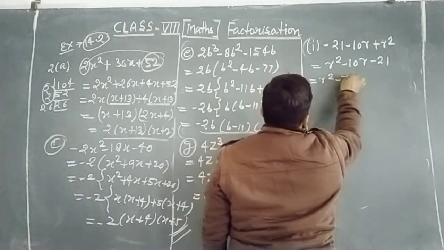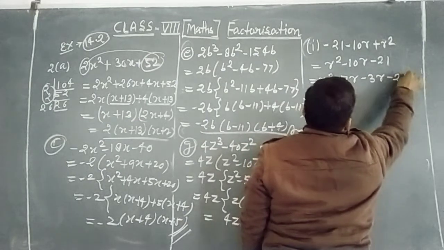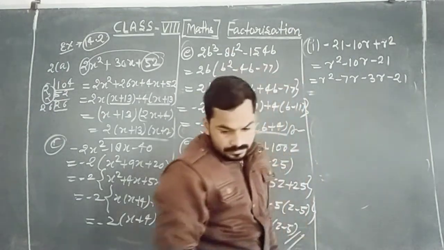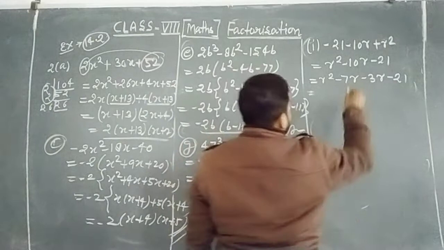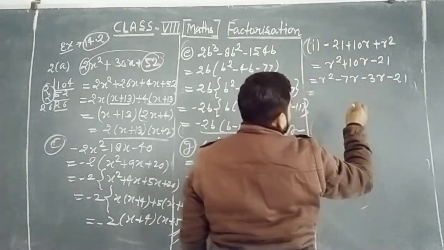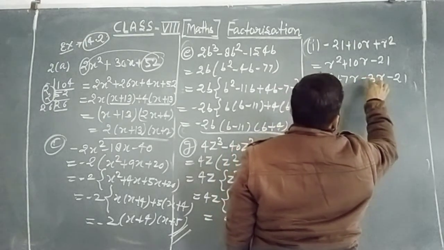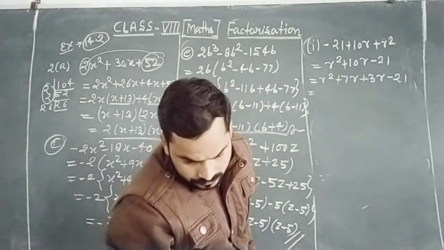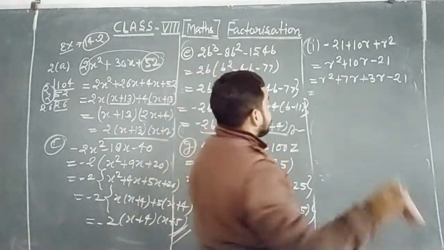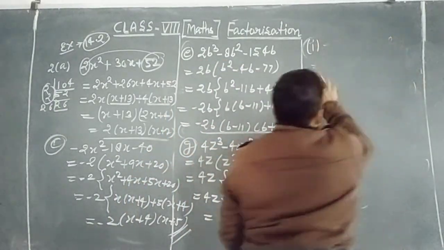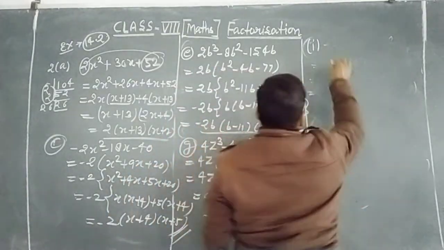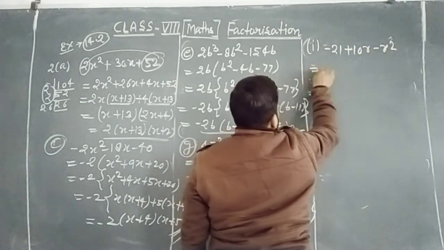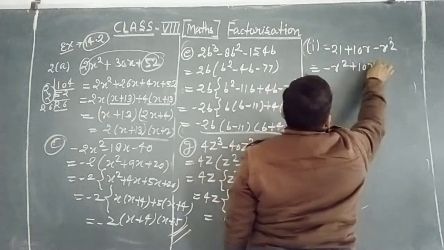So r square minus 7r minus 3r plus 21. Minus 21 plus 10r minus r square, so write here minus r square plus 10r minus 21.